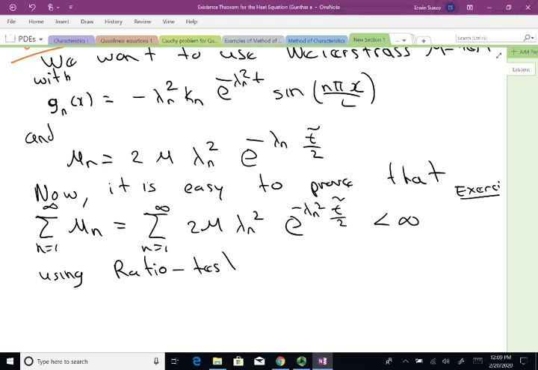So using the ratio test, this is true, right?